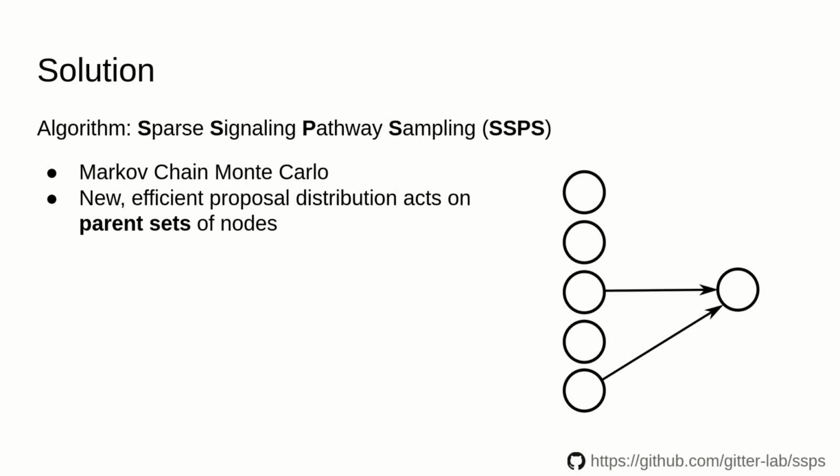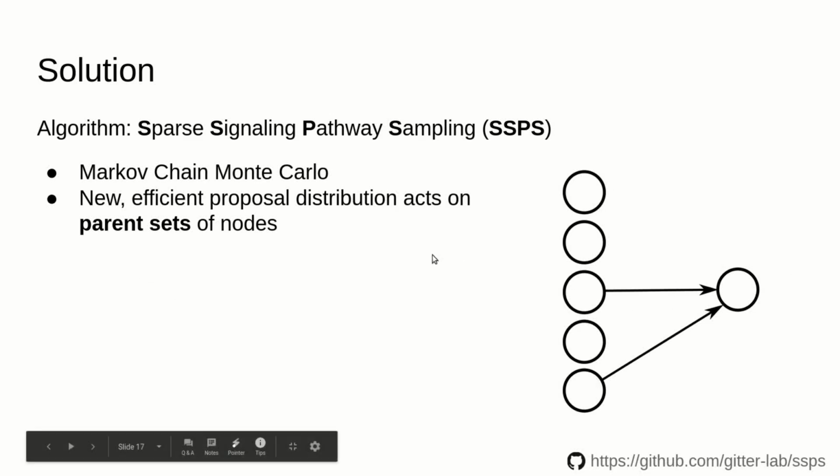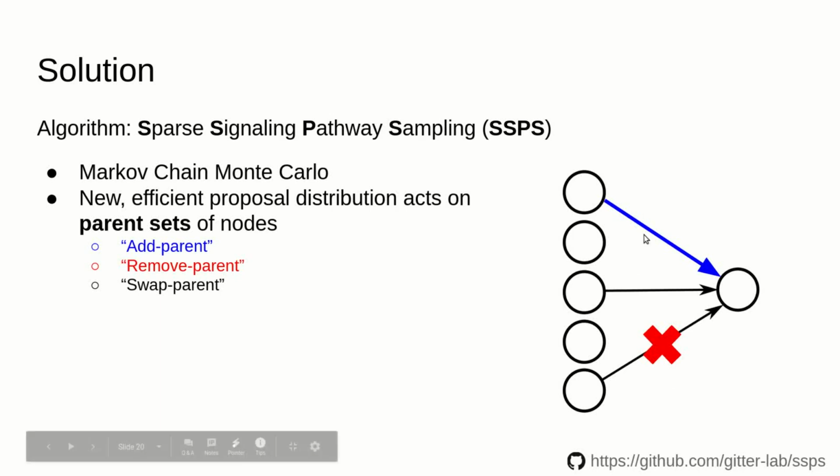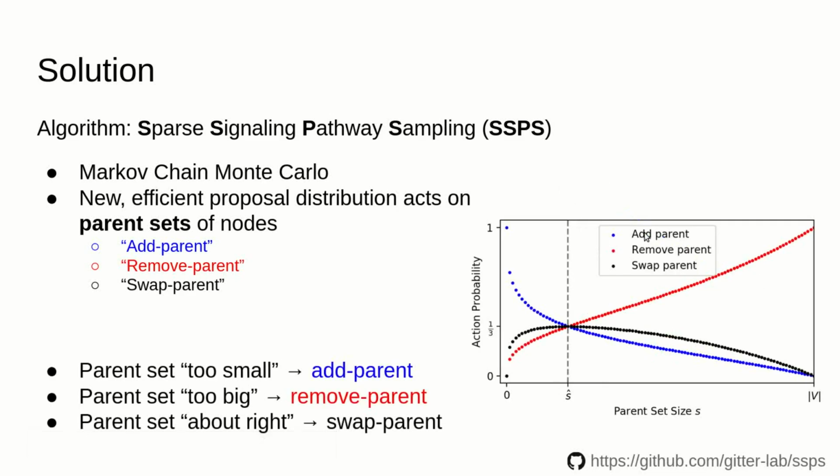Our biggest contribution in this work is that we invented this new efficient proposal distribution that acts on the parent set of a node. It proposes one of three moves. It might propose an add parent move, a remove parent move, or it might propose a swap parent move, which is just a simultaneous add and remove.